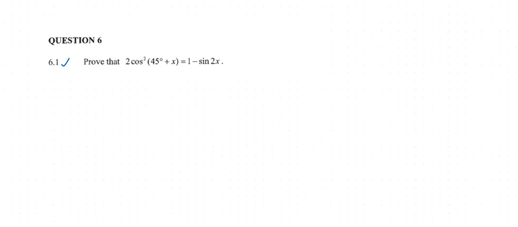Okay, so for a proof question like this, we always start with the more complex side, the left side, and work towards the right side. And the left hand side has a square term and is a compound angle. So let's use the double angle identity for cosine and the compound angle identity.